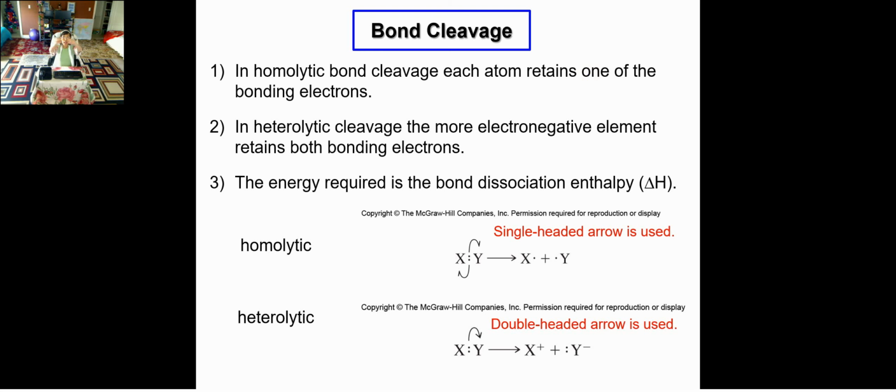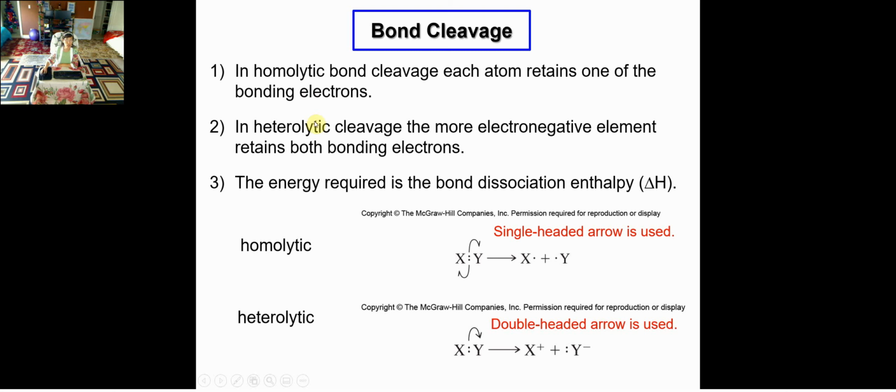The bonding electrons are two electrons. Imagine my hand is one carbon and another hand is another carbon, and each finger represents an electron. Two carbons form a bond by sharing two electrons. In homolytic bond cleavage, each carbon retains one electron.